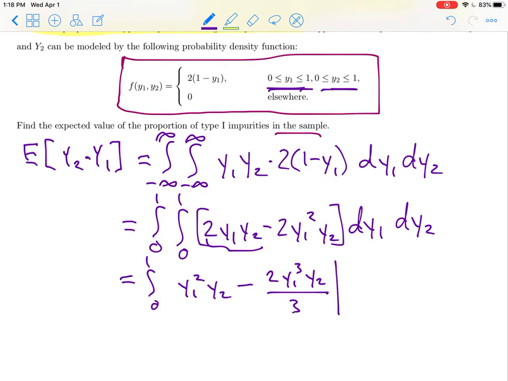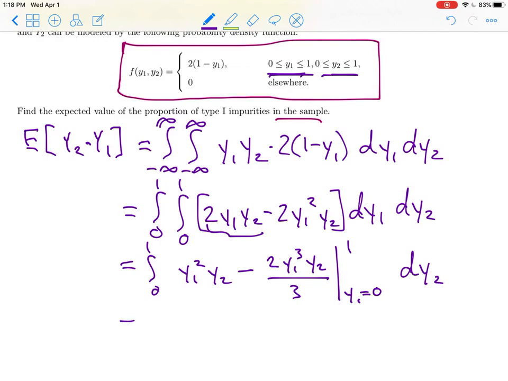We evaluate this for y1 going from 0 to 1. Notice when we plug in 0, the y1s go away, and the terms go away in their entirety. So we are left with just y2 minus 2 y2 over 3.